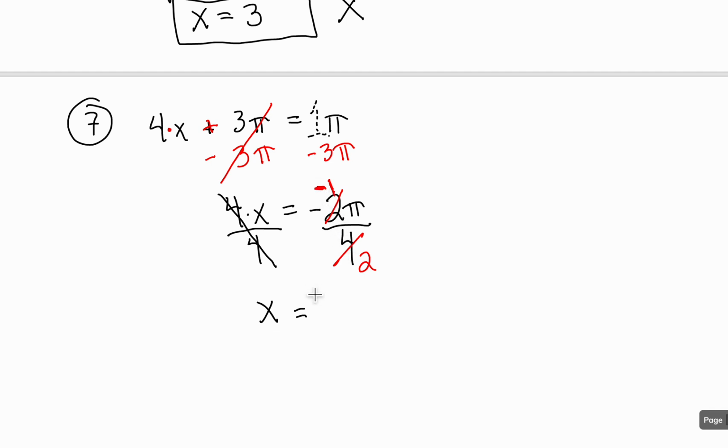All right, so I've got a negative 1 pi on the top of my fraction, and I've got a 2 in the denominator. So there's a couple places where we could put this negative, and we could put it up here with the top of our fraction, and that is a very good way to do it. That's the way I like to do it a lot of times.